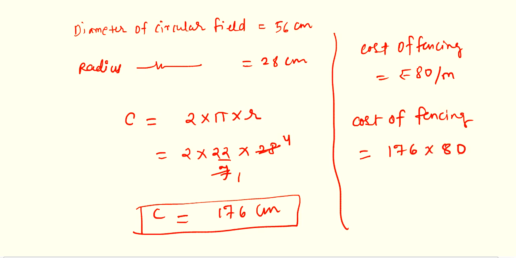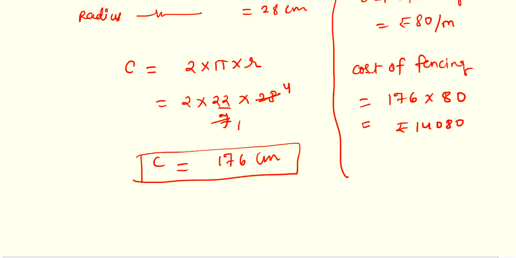So multiply 176 and 80, you will get your answer. Rupees 14,080 is the required cost for the fencing. Clear?